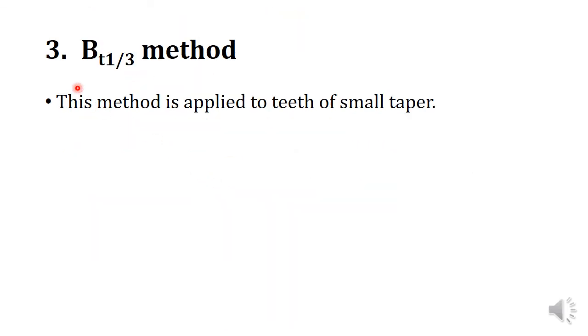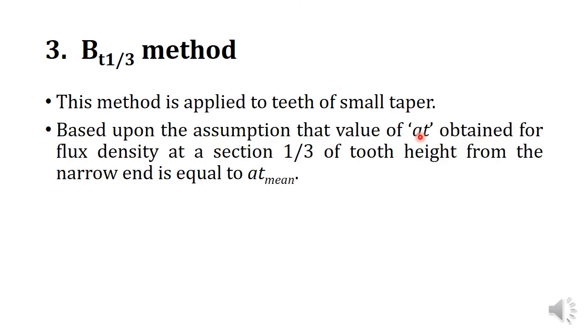The third method is the BT 1/3 method. This method is applied to teeth of small taper. This is a very simple method, based upon the assumption that the value of AT obtained for flux density at a section 1/3 of the tooth height from the narrow end is equal to AT mean.